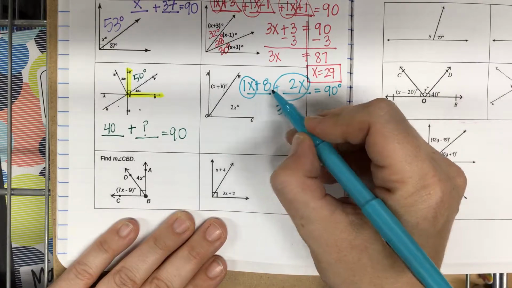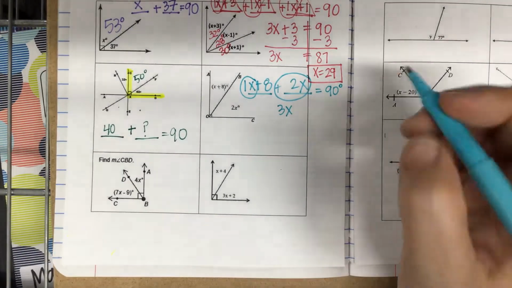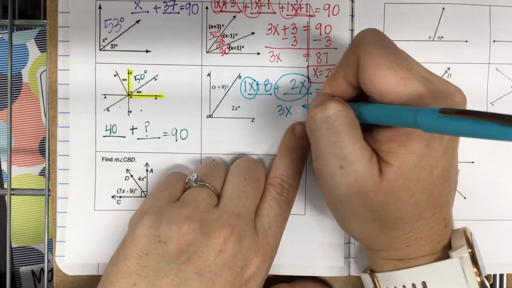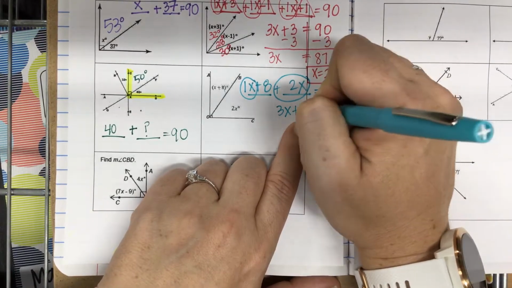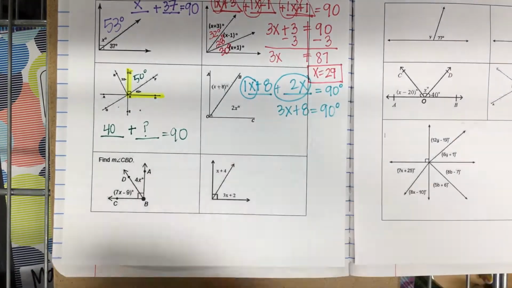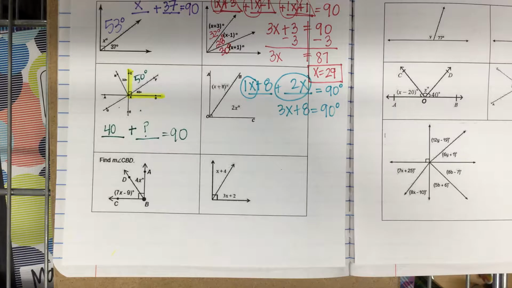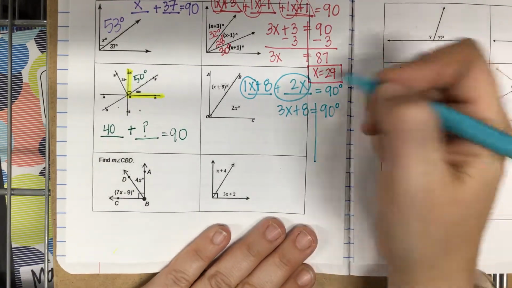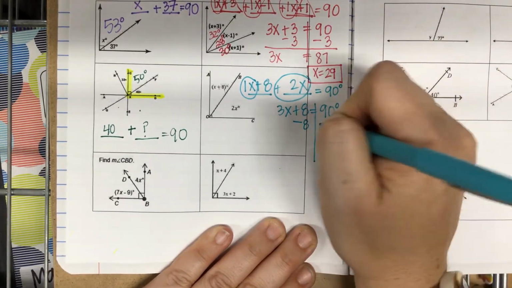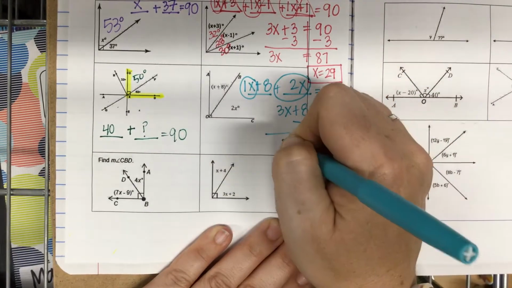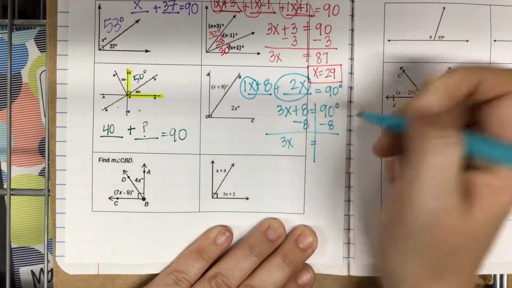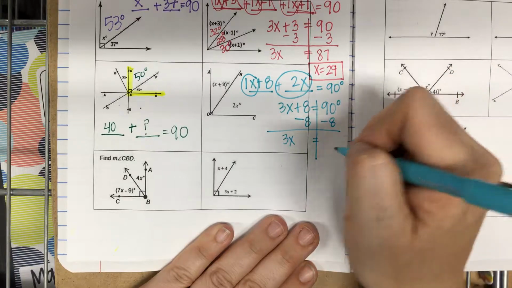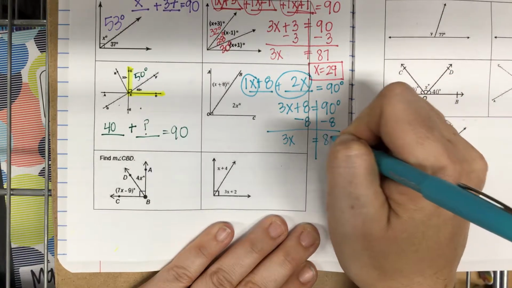What do I do with this plus 8? Eventually I'll use inverse operations, but can I put it right here? Because it doesn't have any like terms. And then I'm going to draw a line down the equal sign. And I get 3x equals 82.